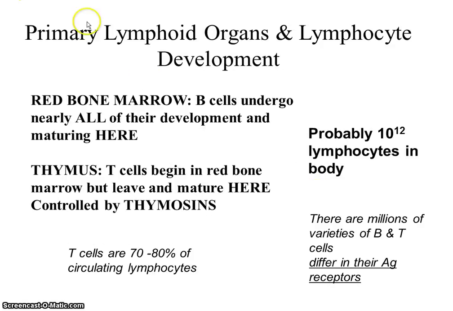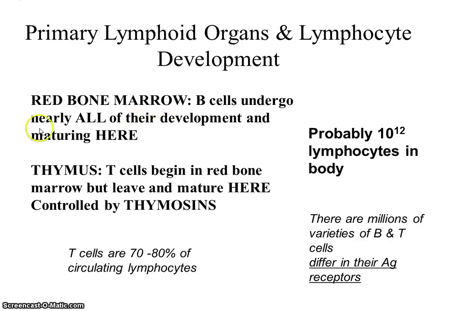All right. Now, the primary lymphoid organs in lymphocyte development. When we call you a primary lymphoid organ, you're an organ that actually makes the cells. So that falls to the red bone marrow and the thymus. Red bone marrow produces B cells and T cells, because that's where the hematocytoblasts are, but the B cells will stay, and they will undergo most of their development, which again has to do with gene expression, and they become able to defend you here.